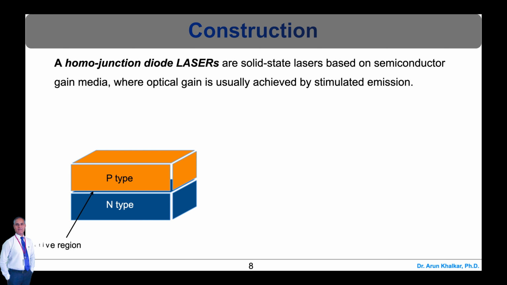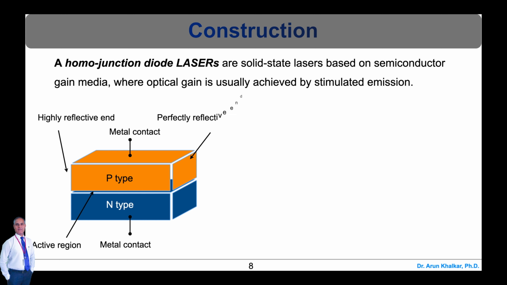Then a depletion layer is formed, which is an active layer. The top and bottom faces have metal contacts to pass the current. The front and rear faces are polished to constitute the resonator. Laser light emission takes place at inter-band transition under conditions of high carrier density in the conduction band.